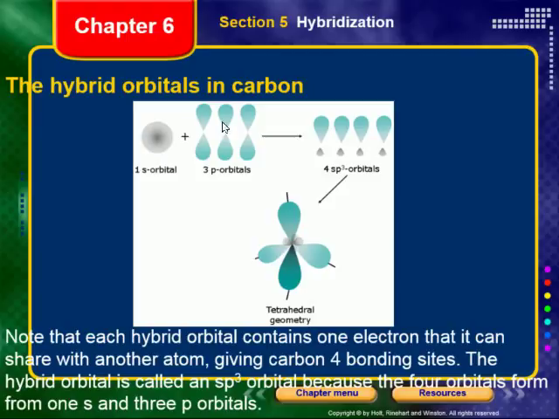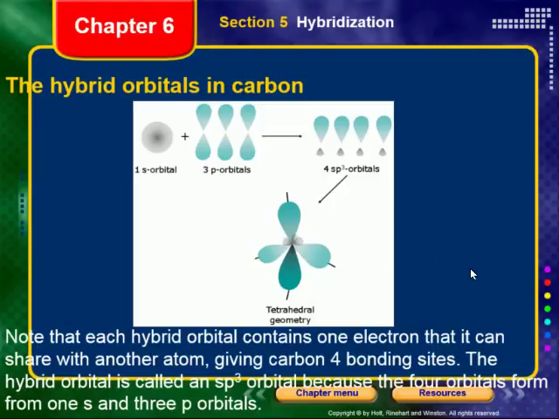We put 4 orbitals in, we got 4 orbitals out. However, now the result is a mixture of what we put in. We call these hybrid orbitals sp3 orbitals. And it is the presence of this sp3 hybrid orbital that allows us to have something like tetrahedral geometry.